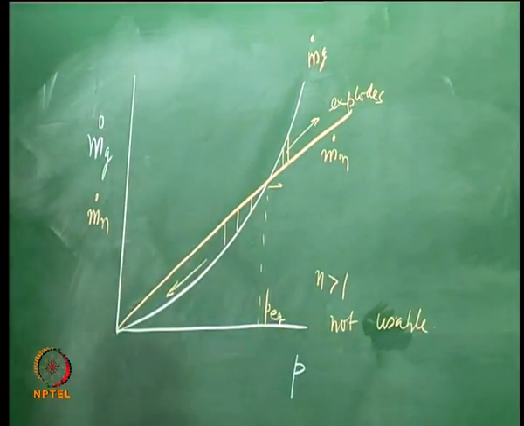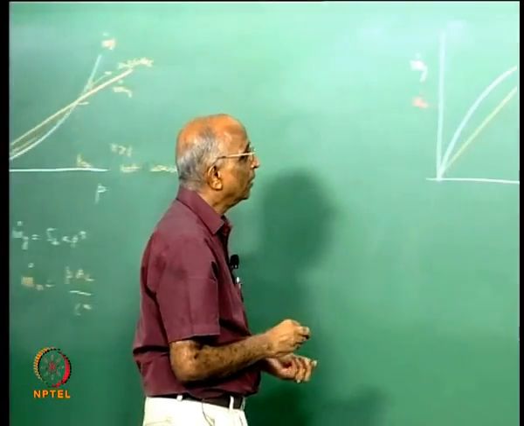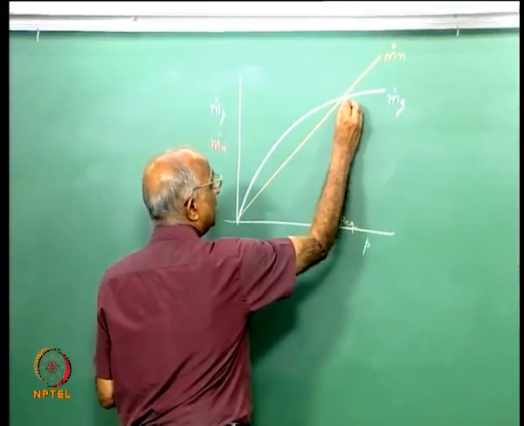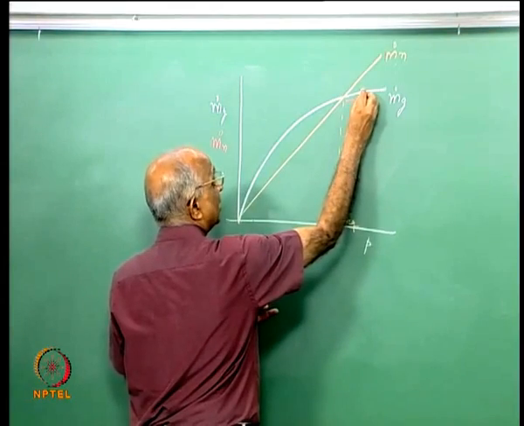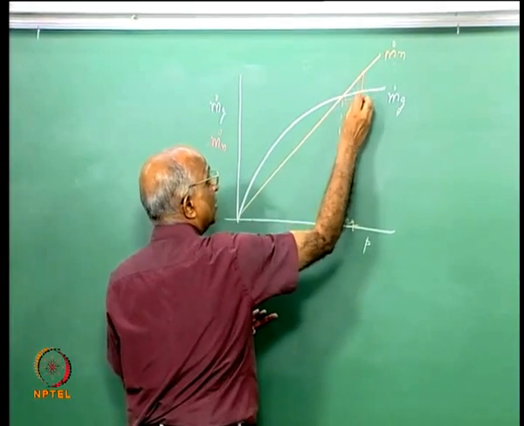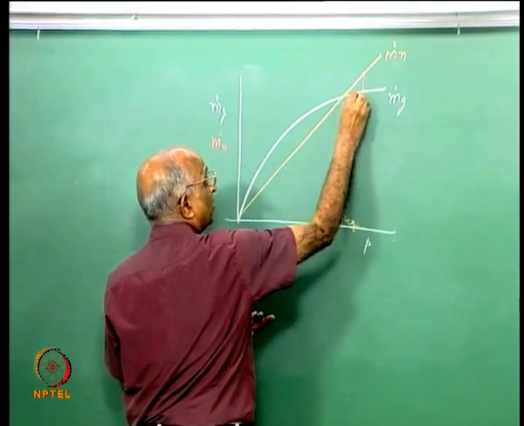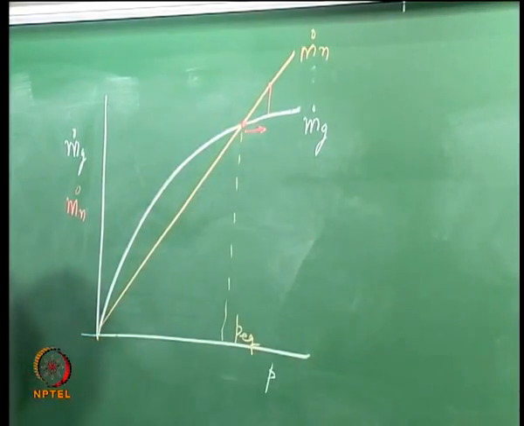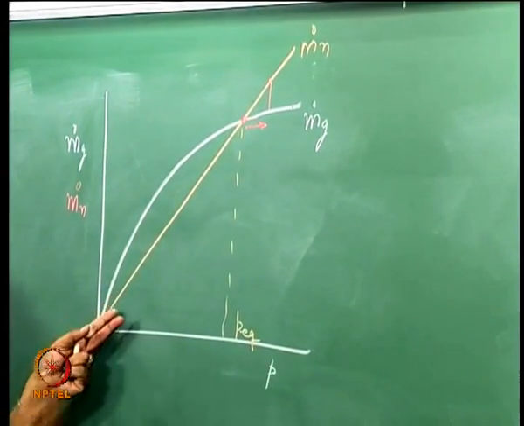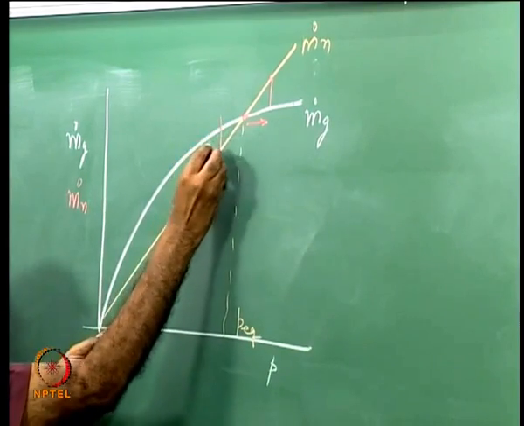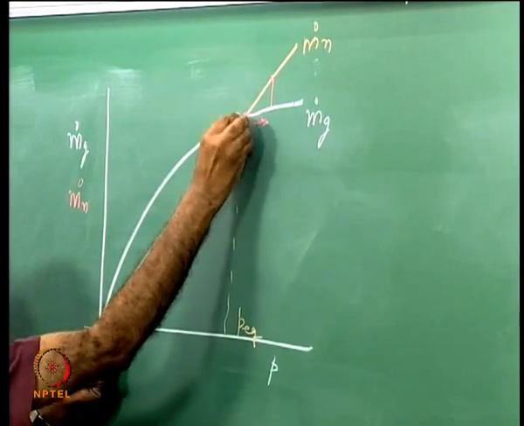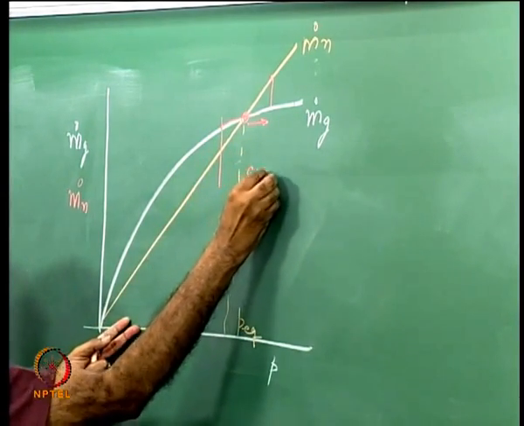Let us come back to this and examine this again. If there is a slight increase in pressure, what is going to happen? The pressure has increased, the nozzle flow rate has increased, therefore the pressure comes back to this and it is stable at this point. If the pressure falls slightly, mass generation rate is higher, it gets back to this point, therefore this becomes my stable operating condition.